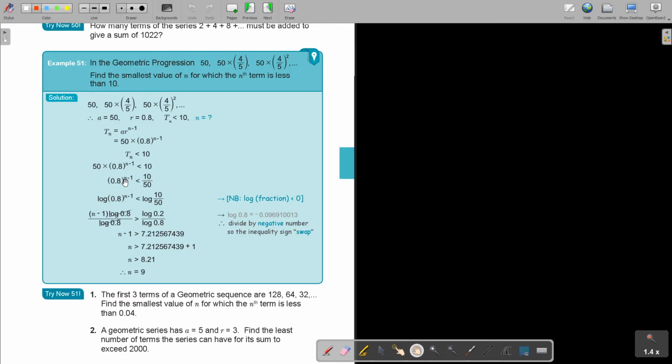So I'm going to bring that down, I do logs to bring that variable down, and don't forget I didn't revise inequalities with you. But if you get inequalities, I just want to remind you, as soon as you divide by a negative, what must happen? Then this must turn around. This is swapping around.